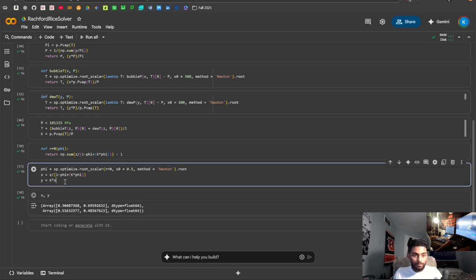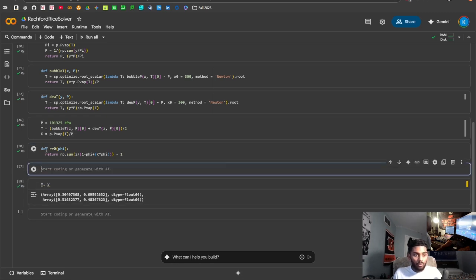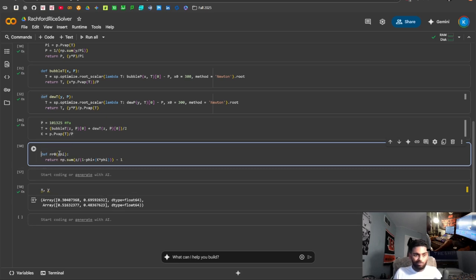So easy enough, we're going to define a new function here. We're going to define this as our Rachford-Rice. So we need 3 inputs for this function to work. We need, of course, our z, our compositions.